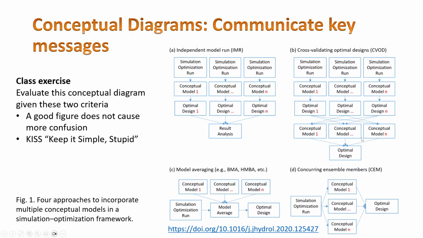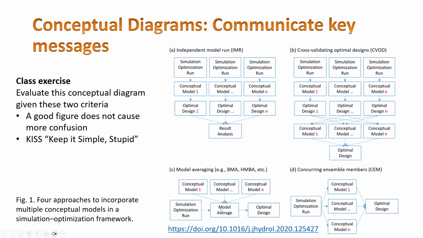Based on this analysis, I can find my optimal design, which would be the design that works on all the models. Because a design based on this model is just one conceptualization of reality, the reality could be this one or anything else. So I want to make sure that if I have a different conceptualization, the design will work on different ones.